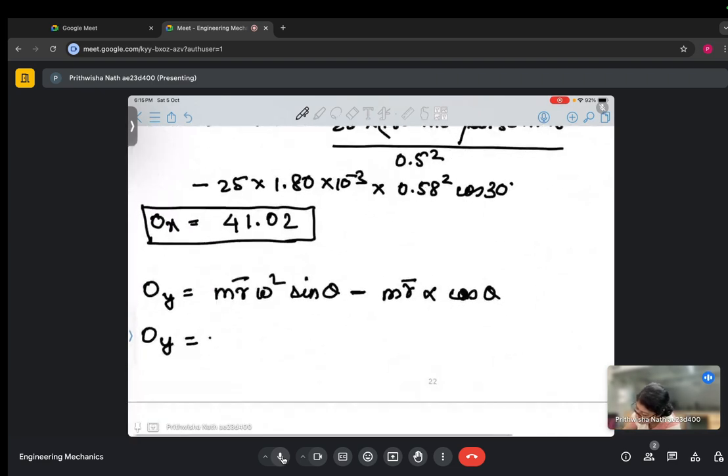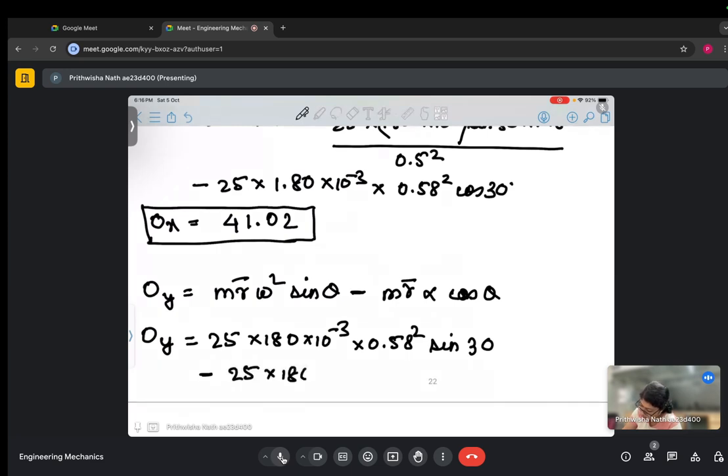So M is 25, R is 180 into 10 to the power minus 3, omega is nothing but 0.58 whole square sine 30 minus 25 into 10 to the power minus 3.